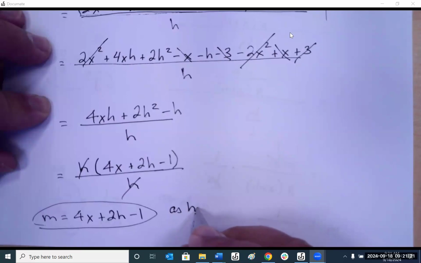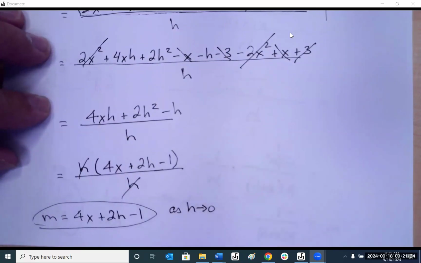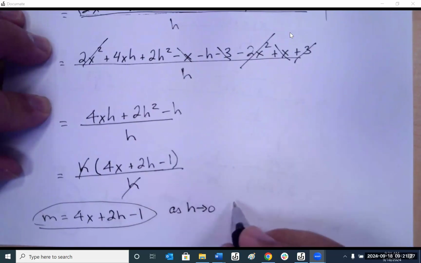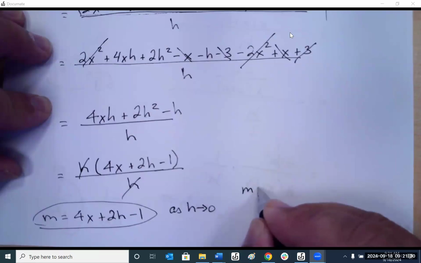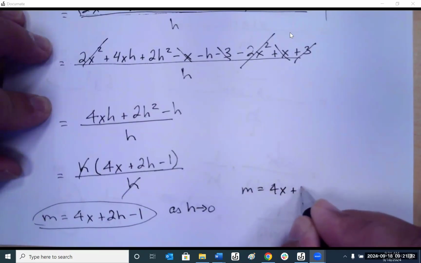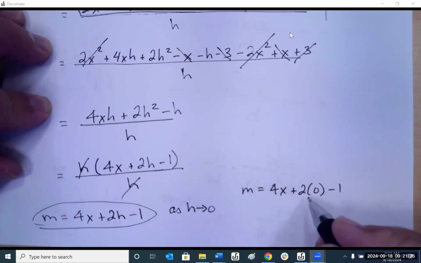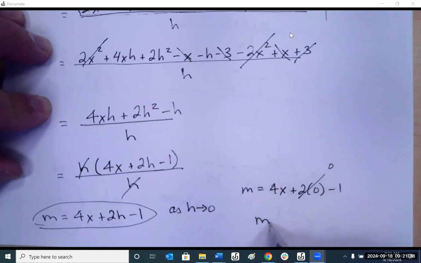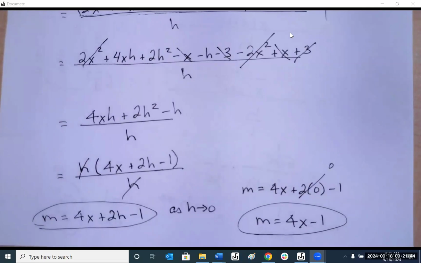But as h goes to 0, remember the distance between the two points? As h goes to 0, that disappears. So my equation of the line tangent, the slope of my equation, is that. So this defines the slope at any point of my curve.